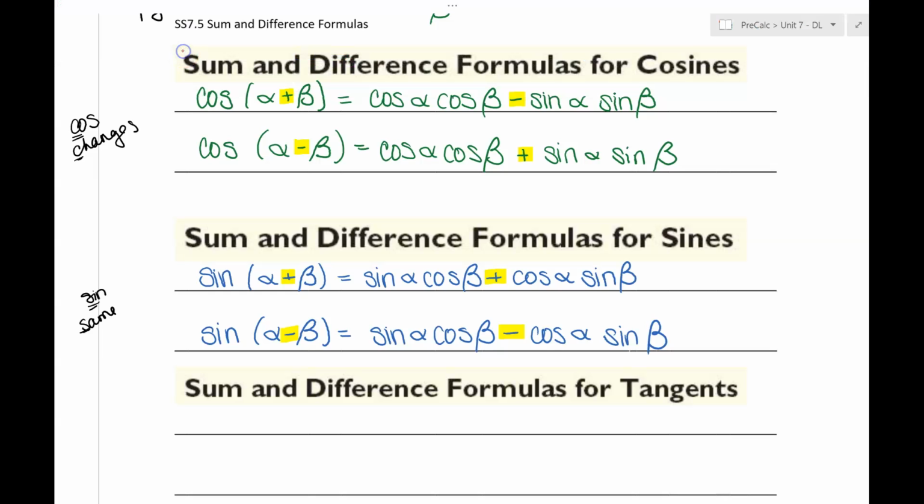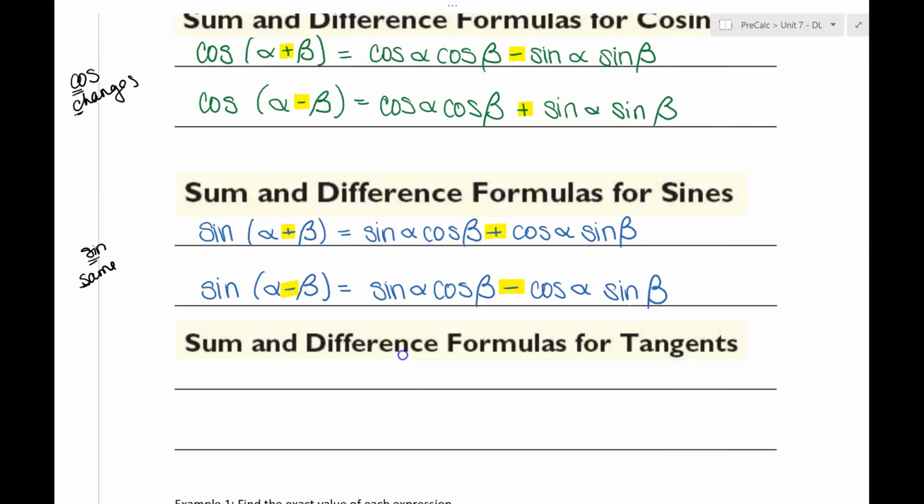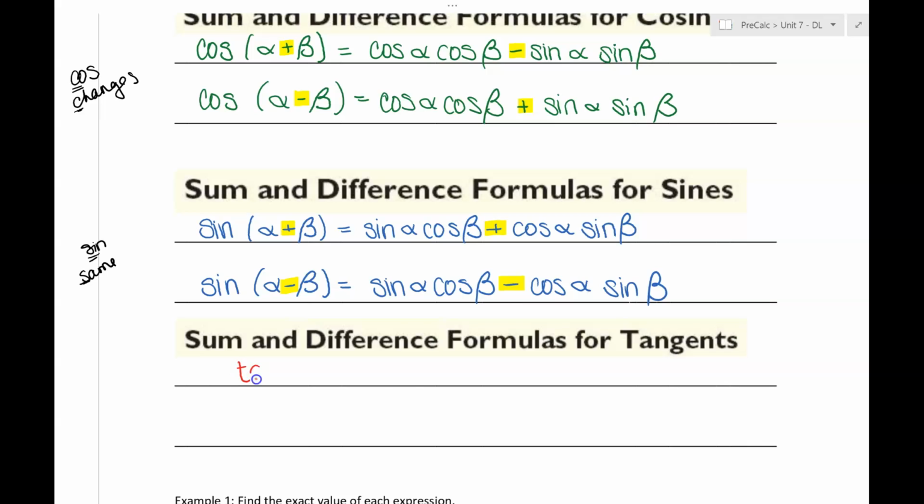Okay, tangent, sum and difference. Well, we know that tangent is sine over cosine, right? Okay, well, the sum and difference formula is this. If we have the tangent of alpha plus beta, so the sum, it's the tangent of alpha, so the first angle, plus the tangent of the second angle divided by 1 minus the product of tangent alpha, tangent beta.